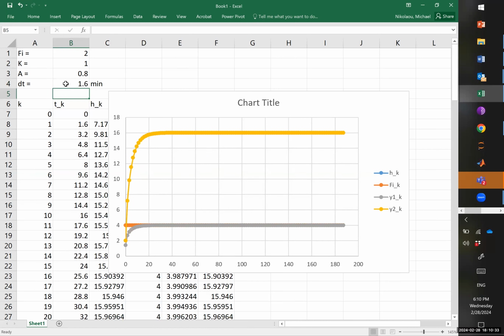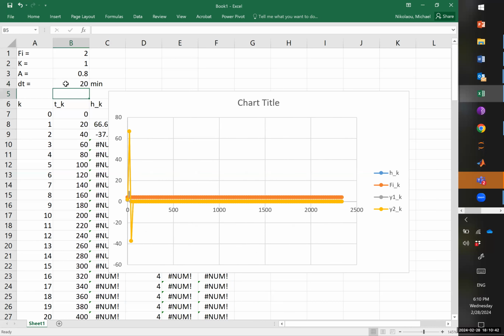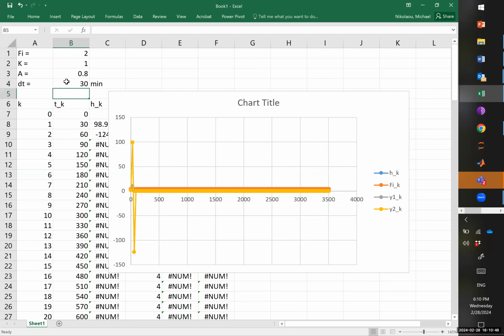So this is still good, but if I go much higher, let's make it 10 to blow it up. This starts having oscillations, and 20 will blow it up. 30, it blows it up. It shows it goes here and then it stops.